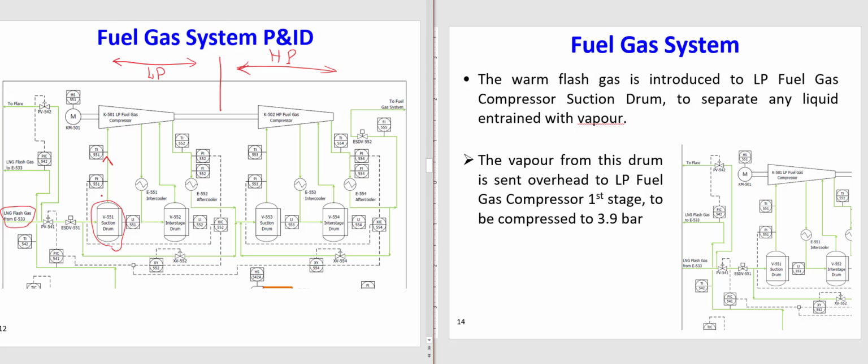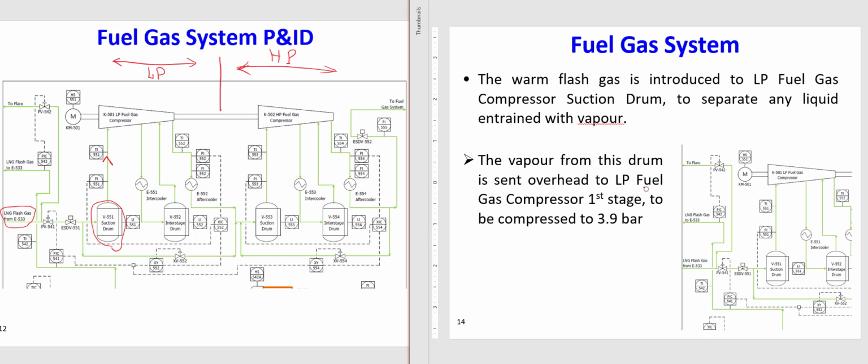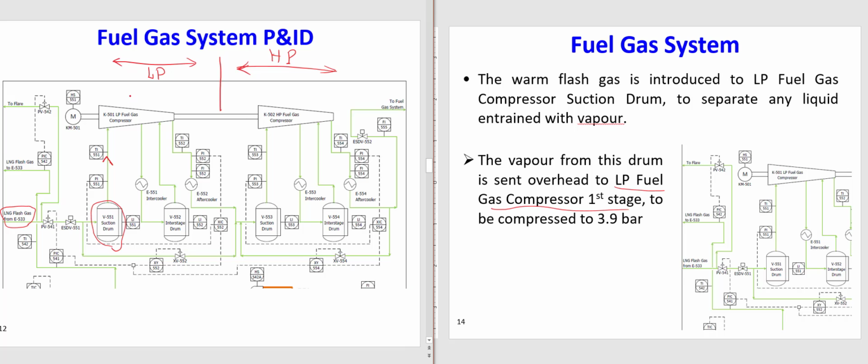Okay, so the vapor from the top of this suction drum goes to the low pressure fuel gas compressor first stage. As I said, in the low pressure compressor, we have two stages.